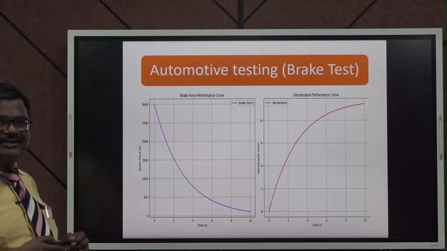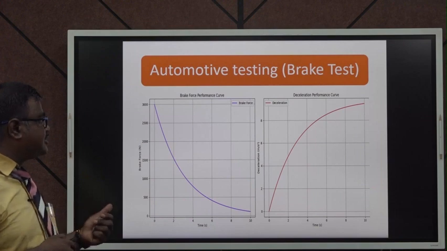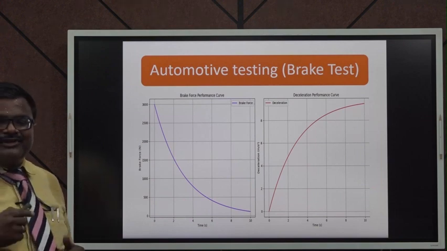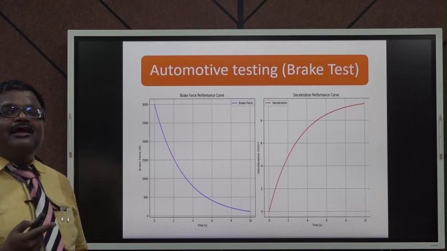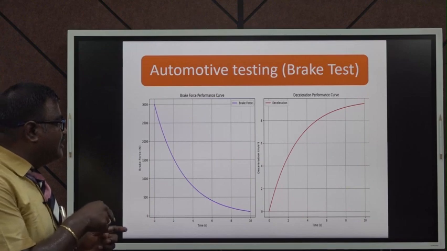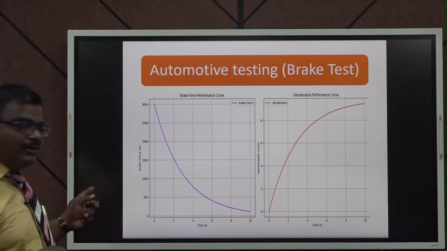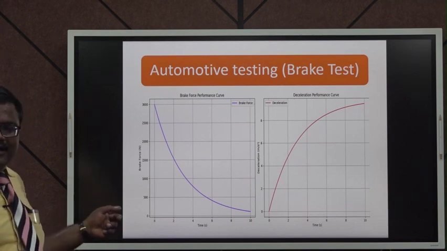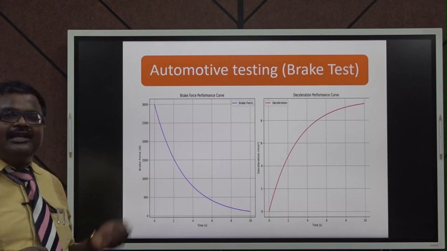In the brake test, we have observed the performance between time, brake force and deceleration. Whenever we need to produce a brake, we need good deceleration. As the deceleration increases, the brake force drastically reduces. This is one more performance observed in software.